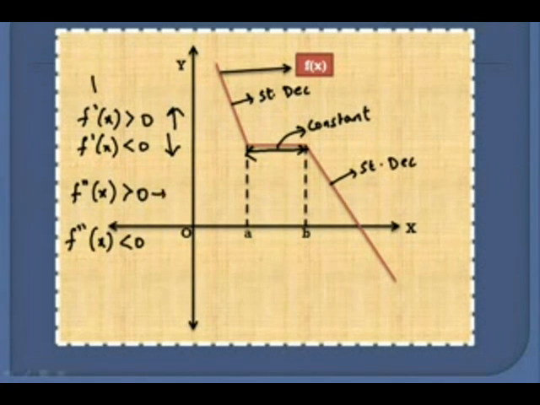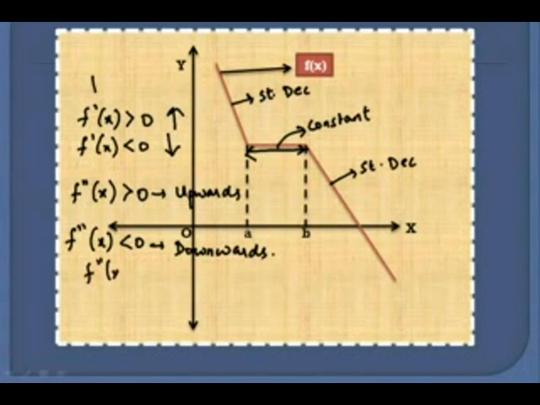This is for upwards and this is for being concave downwards. And if f double dash x is equal to 0, then we say that this is a straight line.